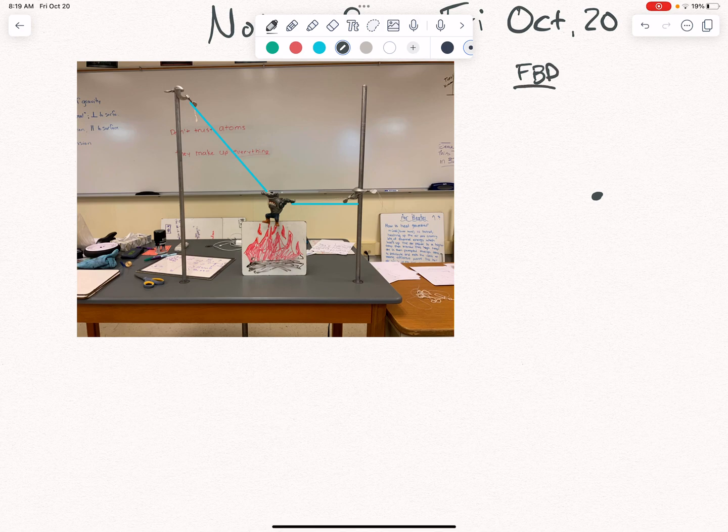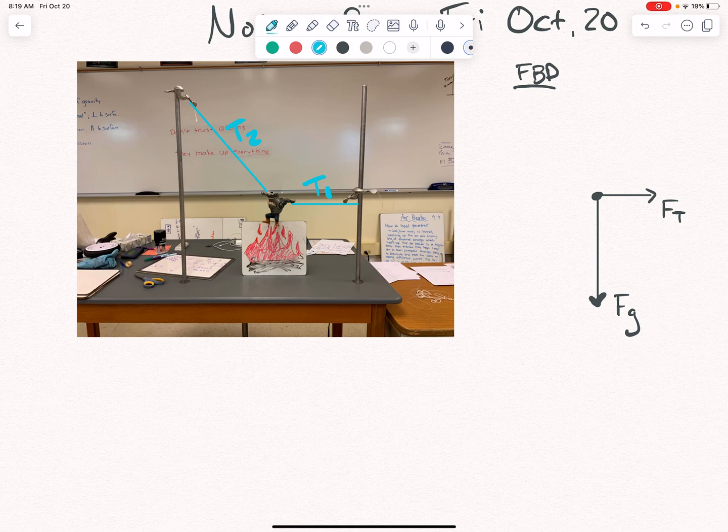And Mark the Shark has a force of gravity down that we'll call the force of G. He has a tension force straight to the right, we'll call force of tension. We have to have some way of talking about these tensions, so I'll label this as tension 1, and this is tension 2.